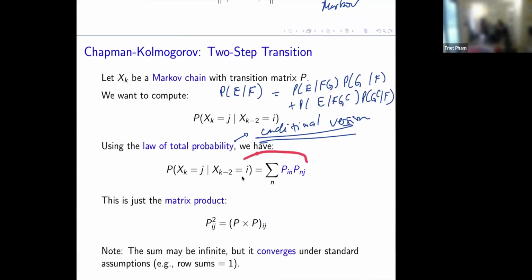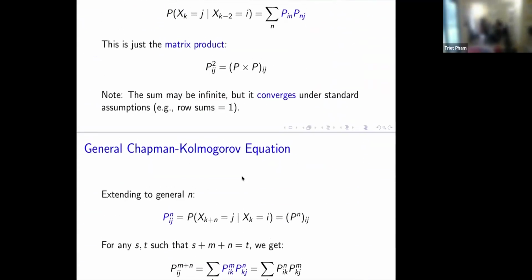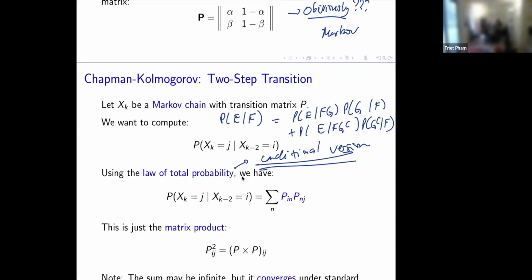Here we have an n-set version, but I'll show you. Let's see if I have a proof here. Okay, I don't.